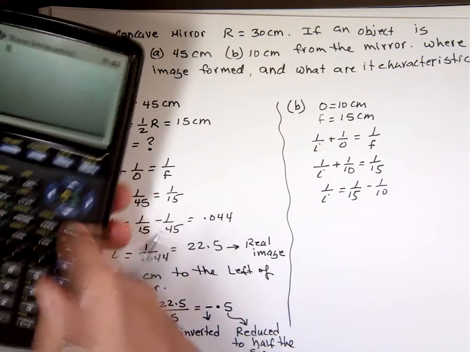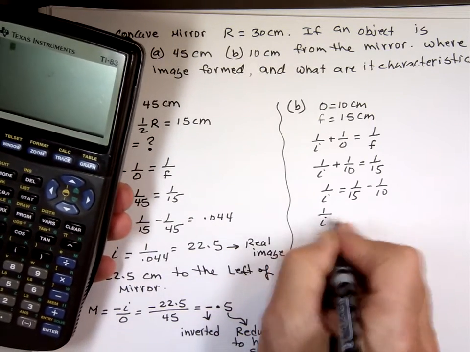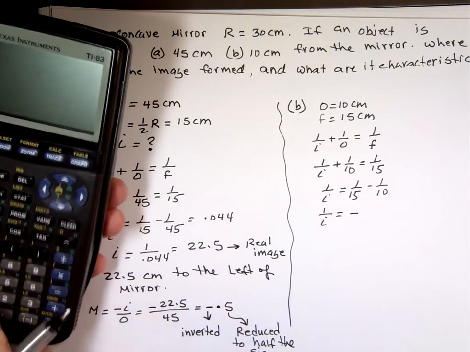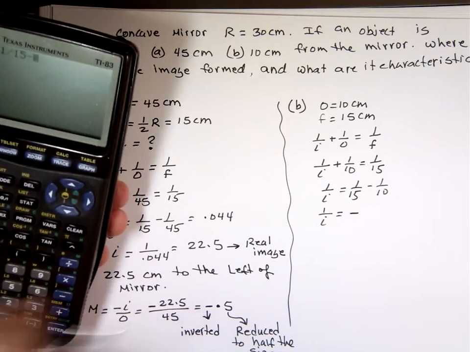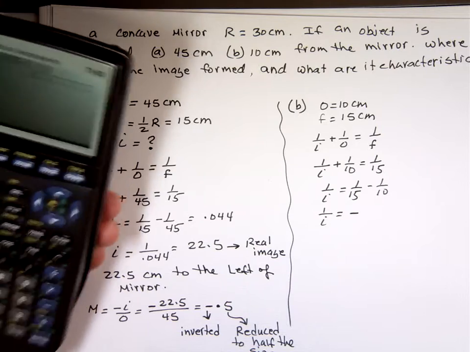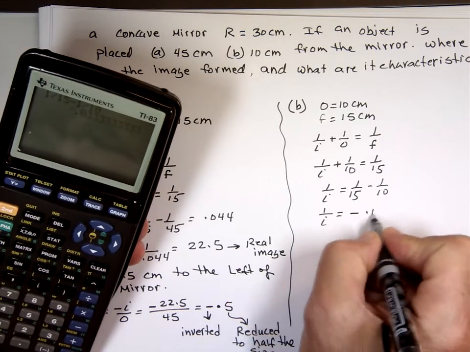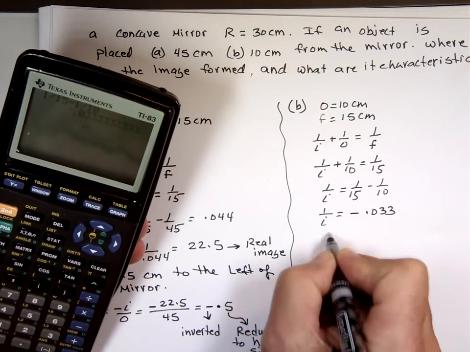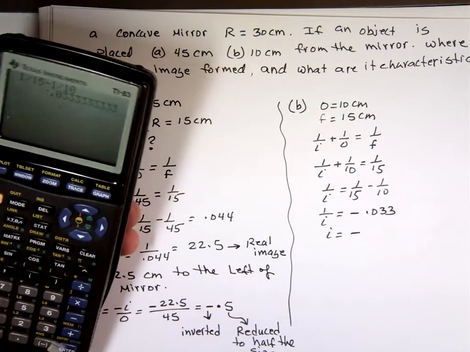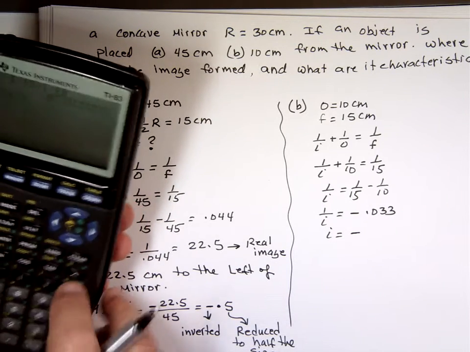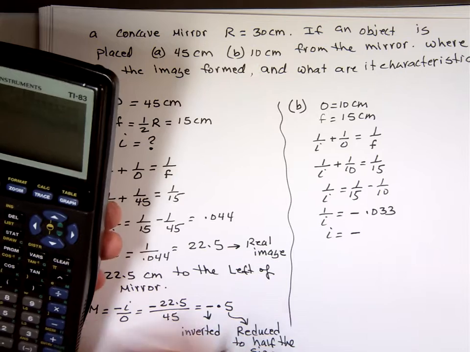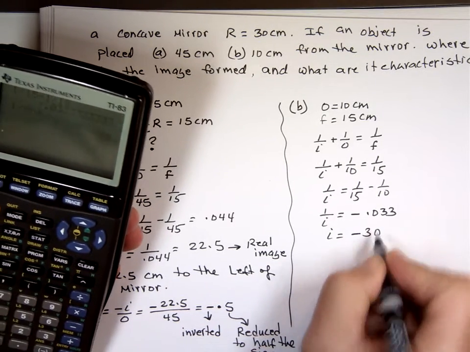It's going to be a negative. Negative 0.033. i is going to be negative 1 over that number. Negative 30. Negative tells me what? It is a virtual image.